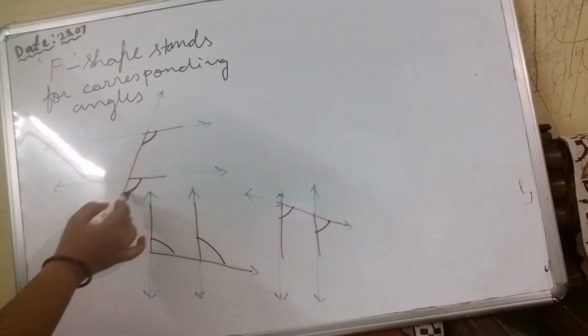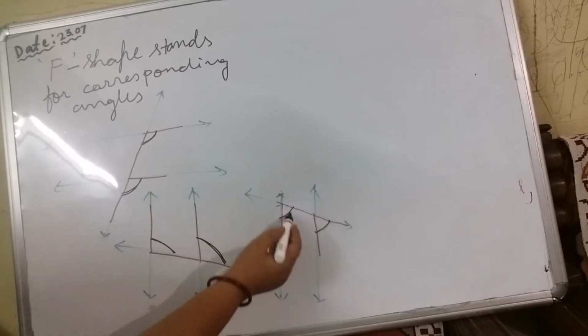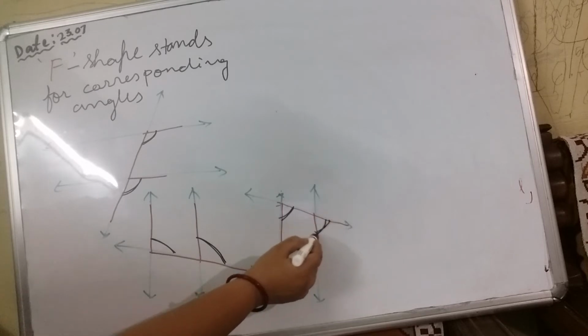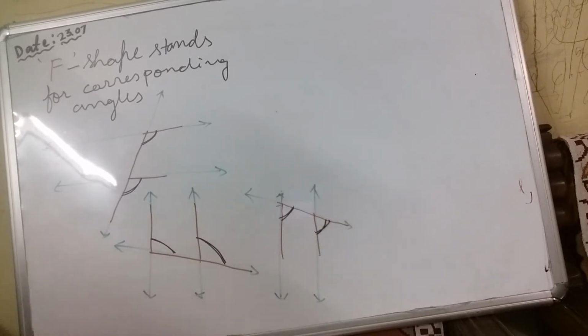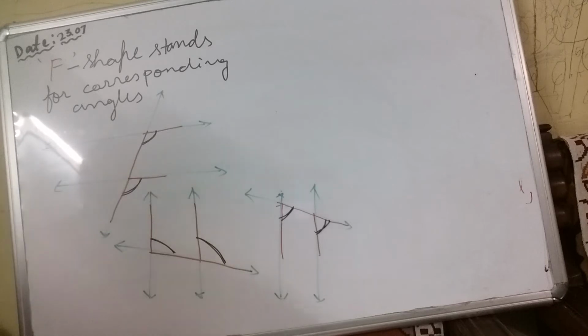This angle and this angle are corresponding angles. If this is a parallel line and it is a transversal, this angle and this angle will be corresponding angles. And if these are parallel lines and this is a transversal, this and this will be a pair of corresponding angles. In each case, they have formed an F.